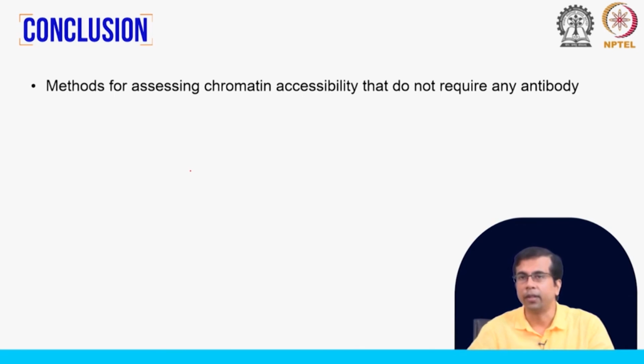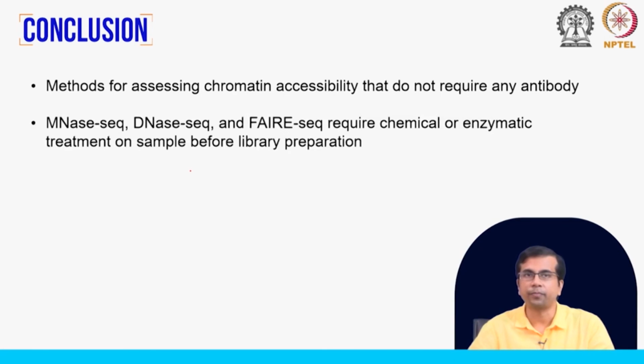So, we wanted alternative methods to study binding sites or accessibility. However, these methods are not exact alternatives. They give us an overall view of the open and closed chromatin, but they cannot tell us which transcription factor is bound where, or which modifications are present at which locations. For that, we still need to depend on ChIP-seq experiments.